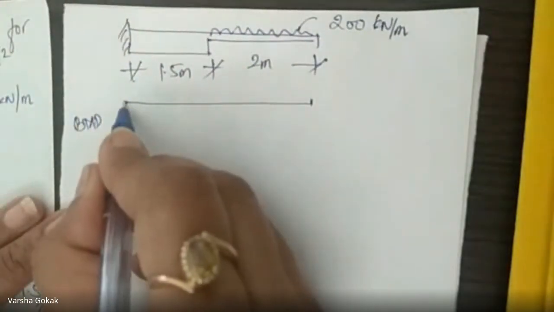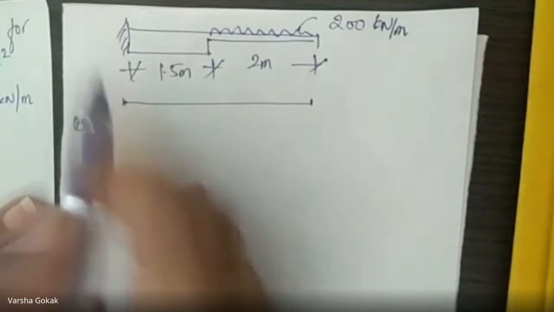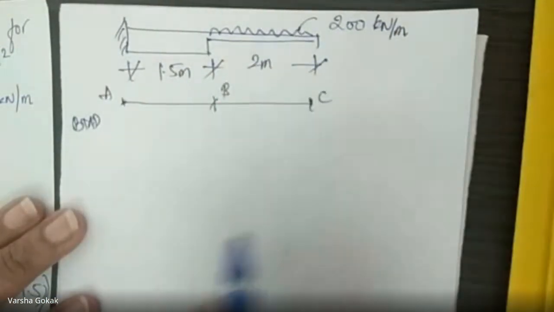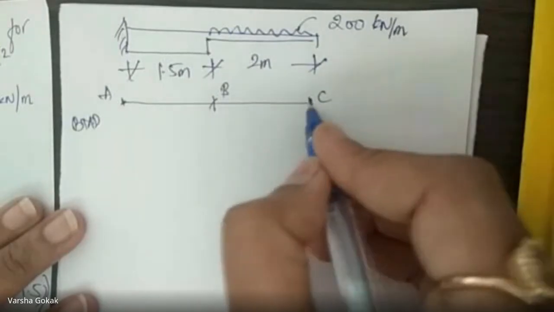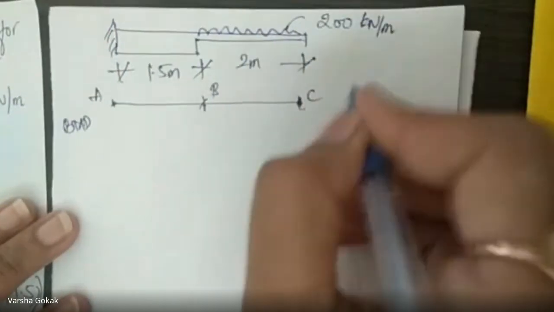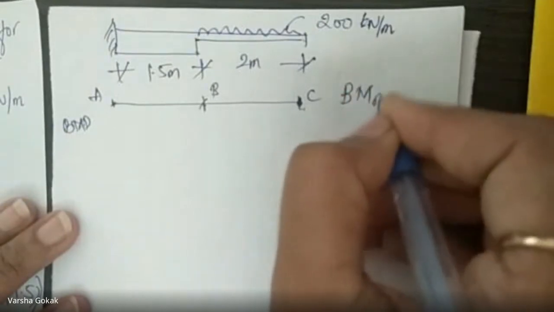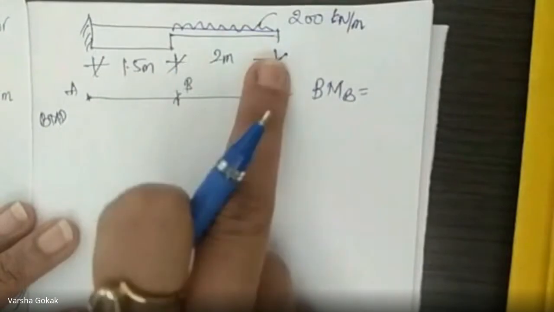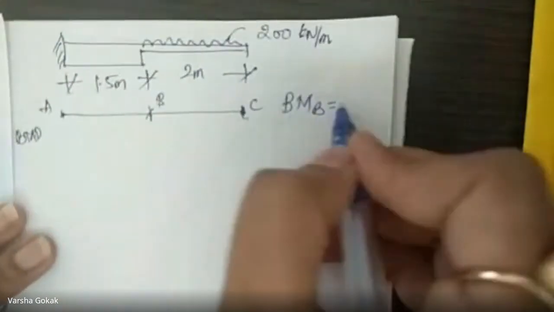So when we draw the bending moment diagram, I have the value of bending moment at A. This is A. Here you will have B and this is the point C. So bending moment at C will be 0 here only because it is a free end. What will be the value of bending moment at B? It is going to be 200 into 2 into 2 by 2, correct?